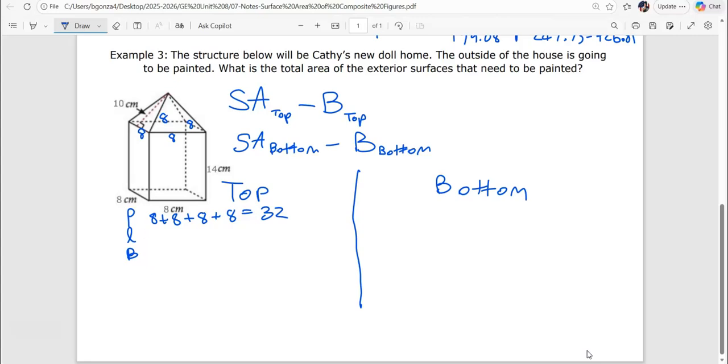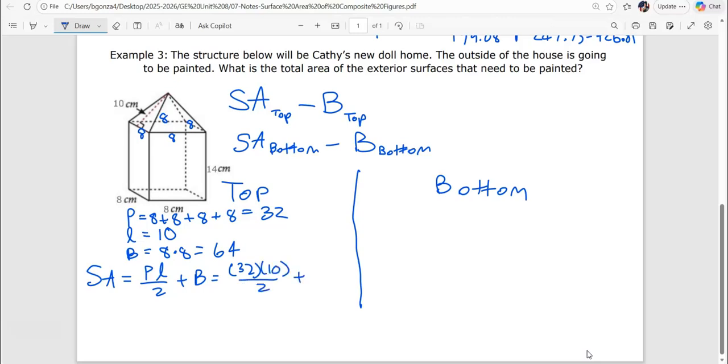Do y'all remember what the little L stands for? Slant height on the lateral side, slanty, is 10. And then big B, if it's 8 by 8, you multiply 8 times 8, and you get 64. So, for the surface area of a pyramid, PL over 2 plus big B is going to be 32 times 10 over 2 plus big B is 64. So you get 160 plus 64, 224.